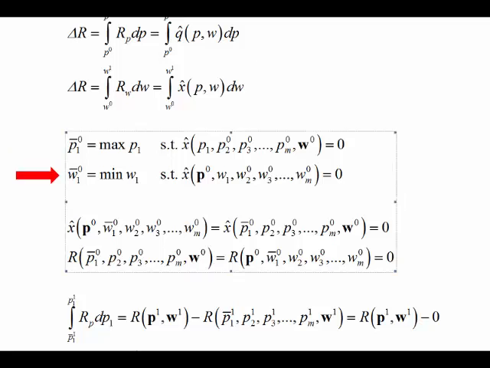Similarly, the shutdown price for inputs is the lowest price such that the quantity of inputs demanded is equal to 0. Now, clearly, if the input prices are really low, they're going to demand a lot, and if they're really high, they'll demand nothing. So among those prices that are so high that they shut down, we want to choose the lowest such price. That's what the shutdown price is.